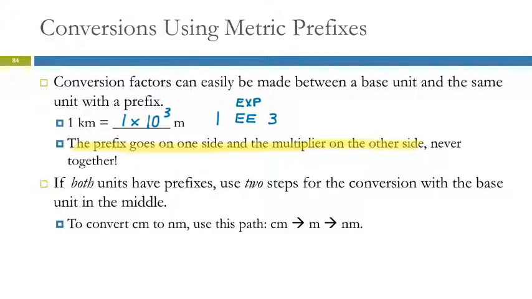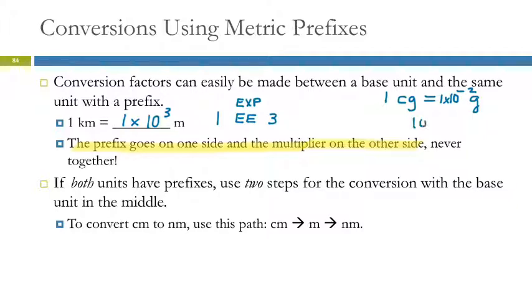Now, when we use a smaller prefix, like if we're saying 1 centigram equals how many grams, what does centi mean? 10 to the minus 2. Is there another way you can express that? Yeah.